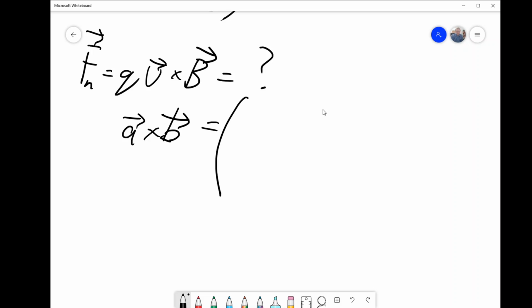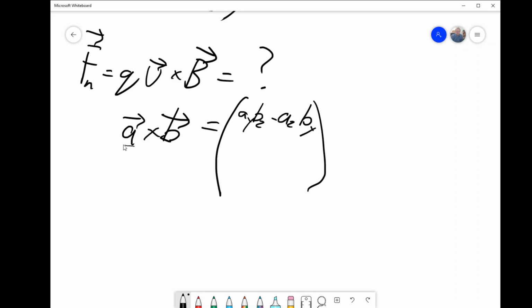So the cross product of A and B, the x component is going to be AyBz minus AzBy. So the x component is not at all related to the x components of A and B. This is one of the ways we guarantee it's perpendicular.